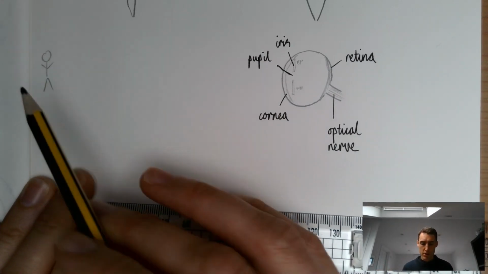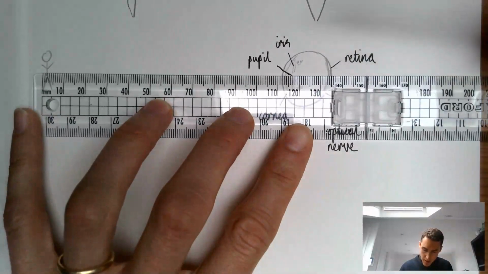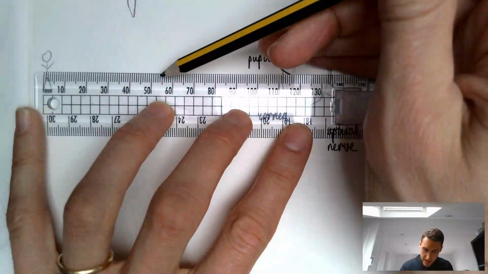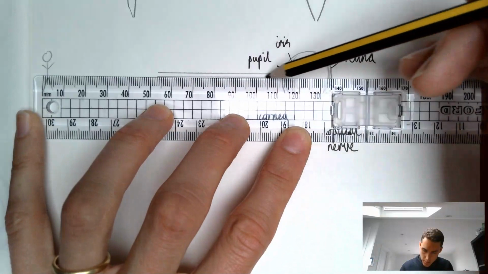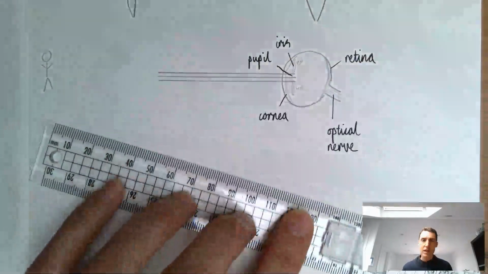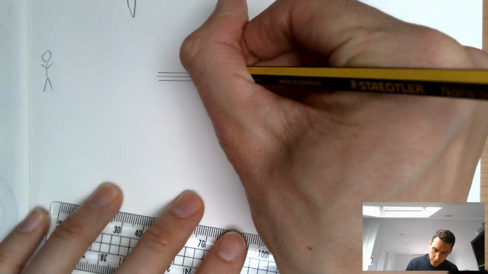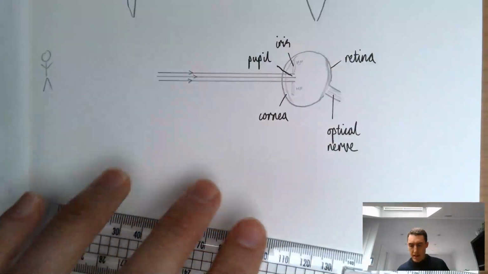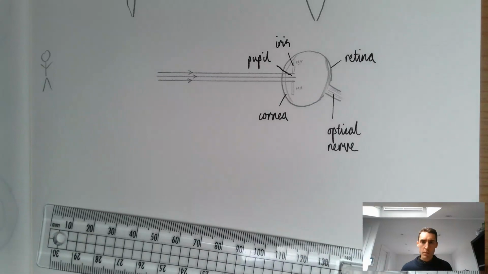And essentially what happens is the light coming from that person is going to appear to the eye to be all arriving almost parallel to the normal. So you're going to have a situation a bit like we had last time, where light is arriving parallel to the normal.